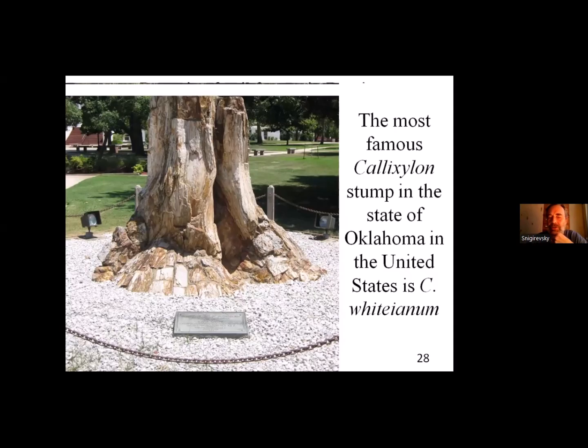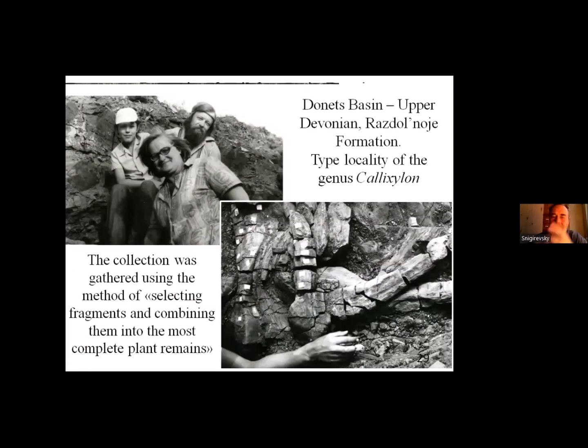But not all colleagues know that in the classical locality of Callixylon in the South Donetsk basin, near Razdolna village, in the Razdolna formation, Upper Devonian, there is a very rich locality with stumps and trunks of Callixylon trees.